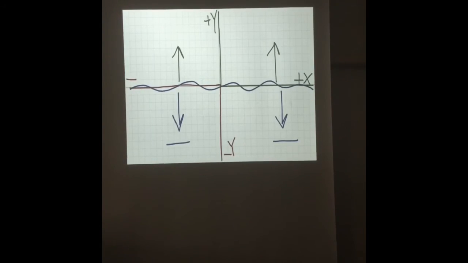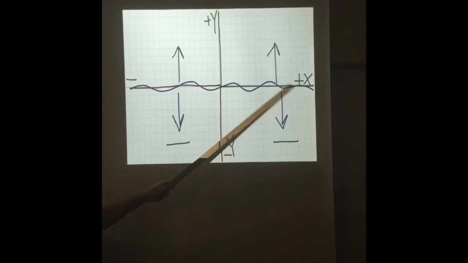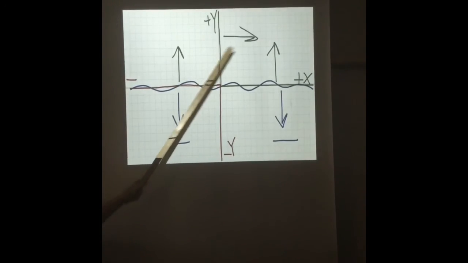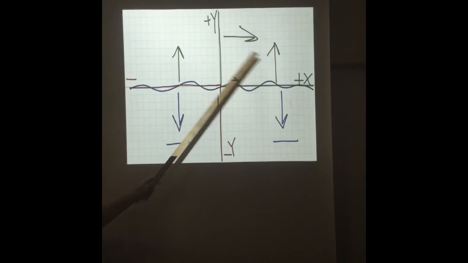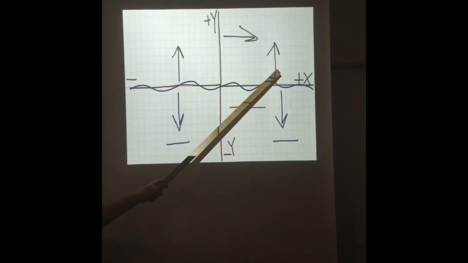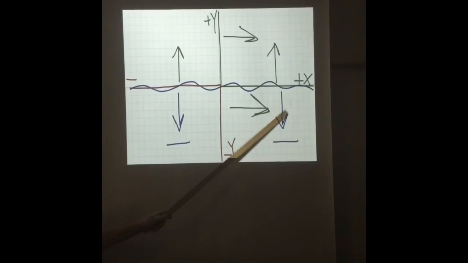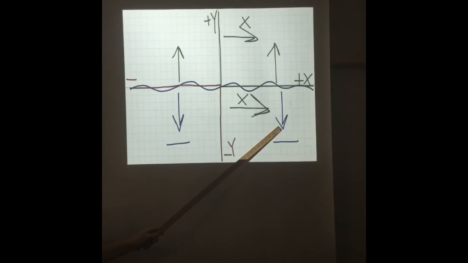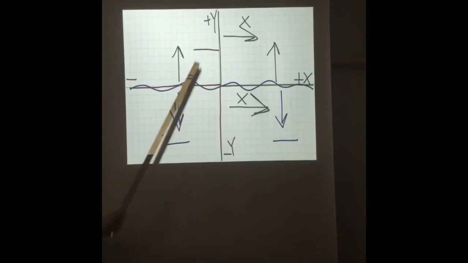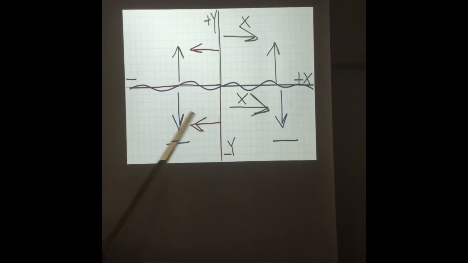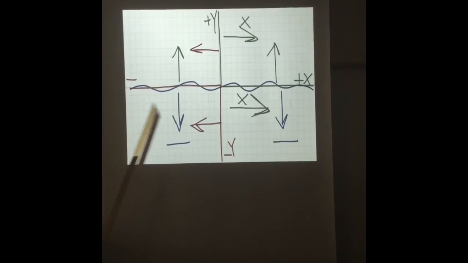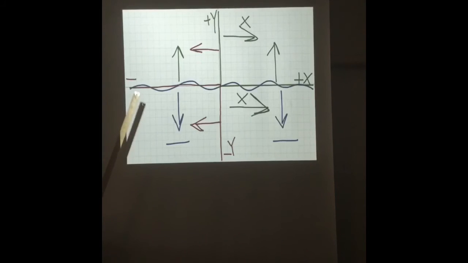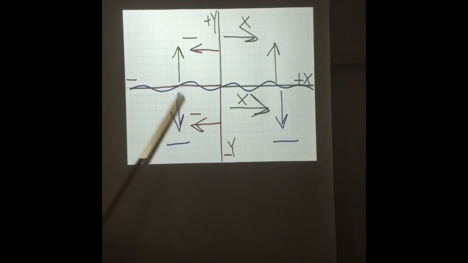On x, anything on this side of the y line is positive for x. So this is positive x, and anything on this side is negative for x. That'd be our first number.